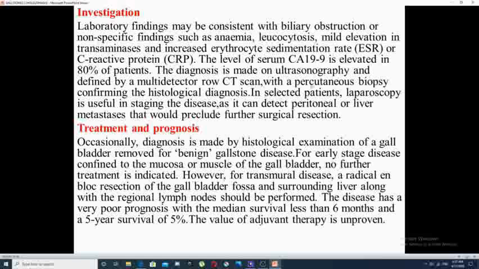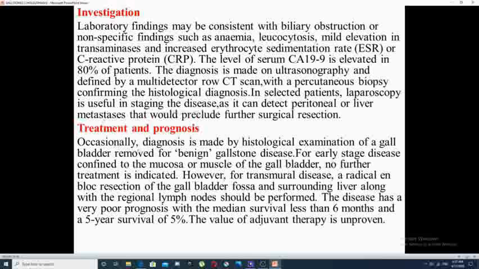Diagnosis is made on ultrasonography, which can be defined further by CT scan. Percutaneous biopsy will confirm the histological diagnosis. Laparoscopy may be useful in some cases for staging of the disease.